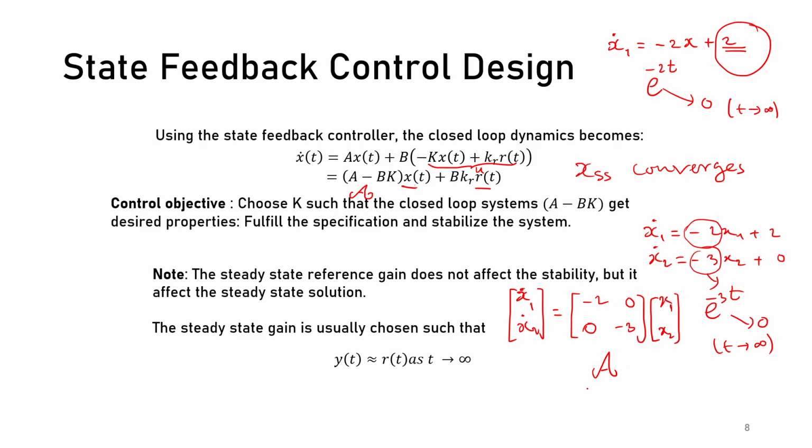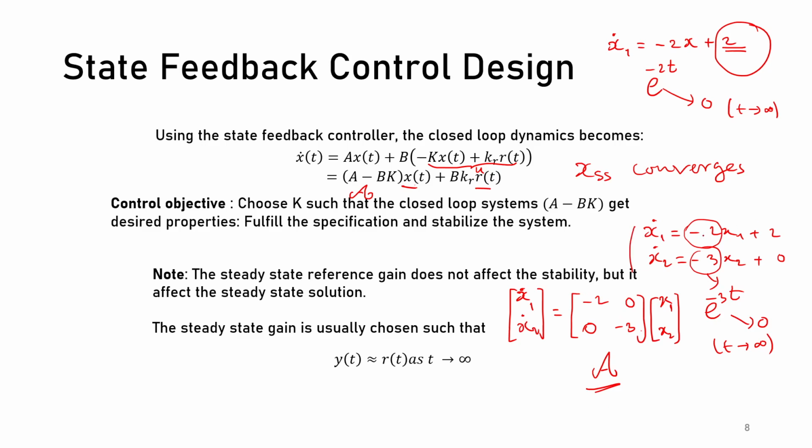But what if calligraphic A is not a diagonal matrix? What is the condition you need in order for the system to converge? It's not diagonal like this. So this is just an example.